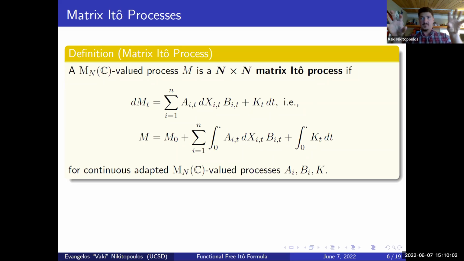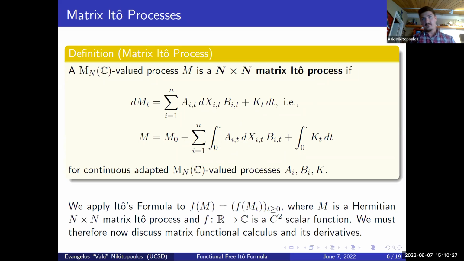So it's this multiplying on the left and right process. By the way, I should mention that the actual results apply to more general kinds of matrix valued processes, but to simplify the notation, I'll restrict to these simpler looking processes. So for the rest of the talk, when I say matrix Ito process, I will mean something like this.